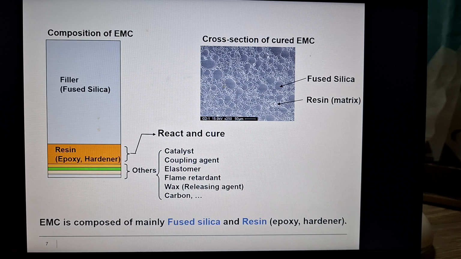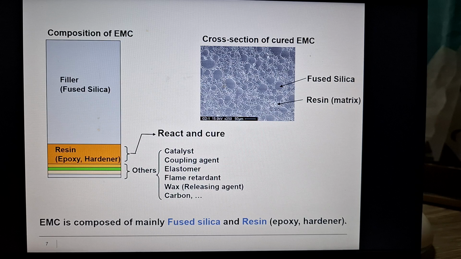Think about the layman's term: epoxy means very sticky, adhering, and compound means a combination of many materials, and molding means you have to mold, used to form a thing. So this is what an EMC is applied for.